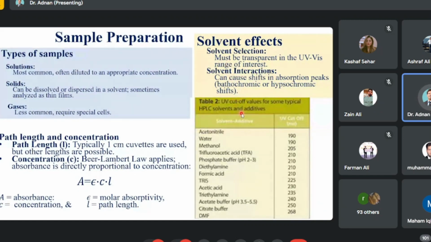There is a table of UV cutoffs you can find in various books. When using certain solvents, you have to use the cutoff values for your calculation of the lambda max, because compounds can be identified by the lambda max. I will describe that in the coming slides.